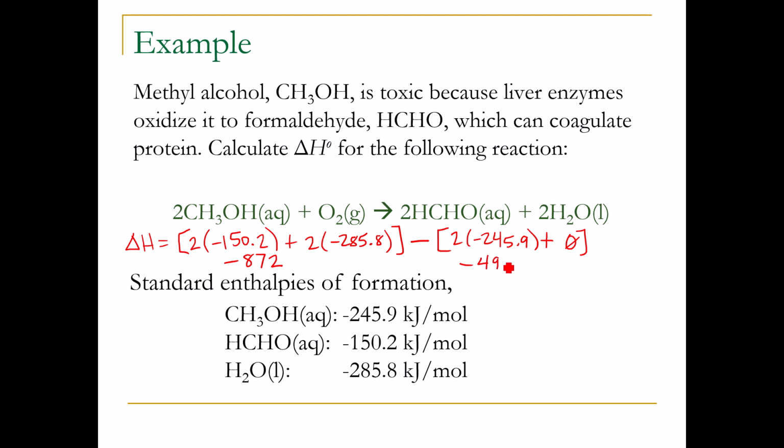Negative 491.8. But I have a minus. So minus a negative makes it positive. So negative number plus a positive number is going to give me negative 380.2. And this is kilojoules. Alright, delta H is just kilojoules. We've multiplied the coefficient, so this will be the number of moles times the value. So that's going to cross out our moles when we look at units.